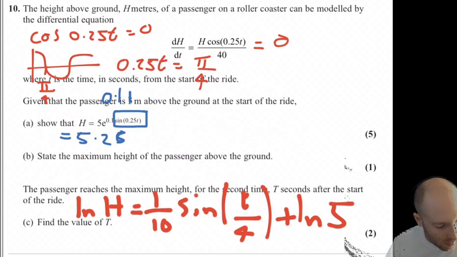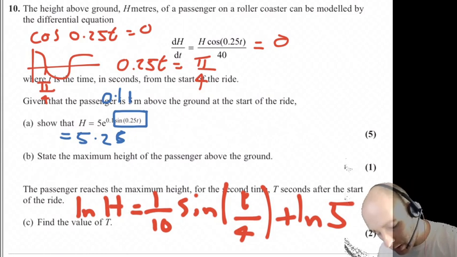So our maximum time would be pi by 4 times 0.2 divided by 0.25, which I think would just be pi. Pi divided by 4. Yep, just gives us pi. So when t is pi, we have a maximum.